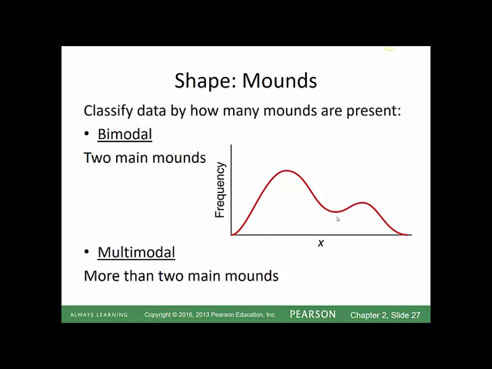What we would expect to happen is that they would have 2 different mounds, and that would be an indication of males and females. So we're going to have some variation within our data, but generally speaking, it'll create these 2 mounds where, if this is our height distribution, on the left maybe the male heights, and on the right maybe the female heights.